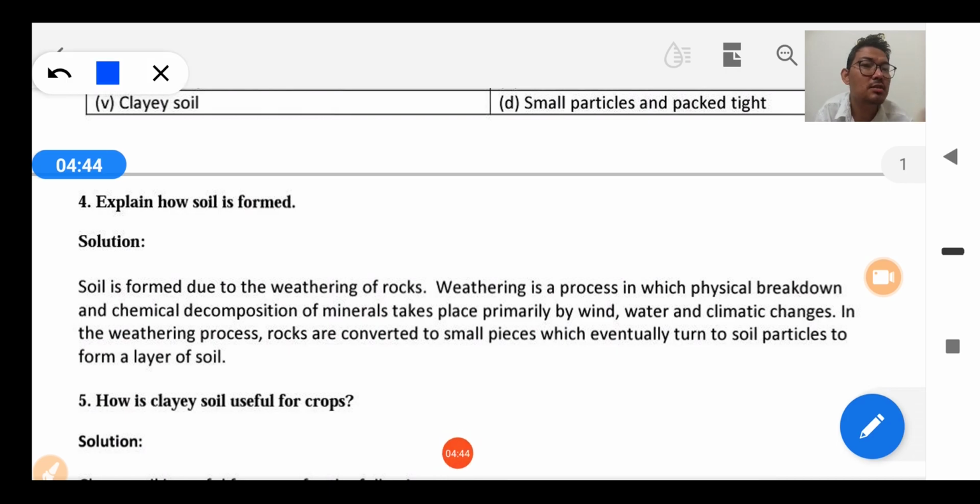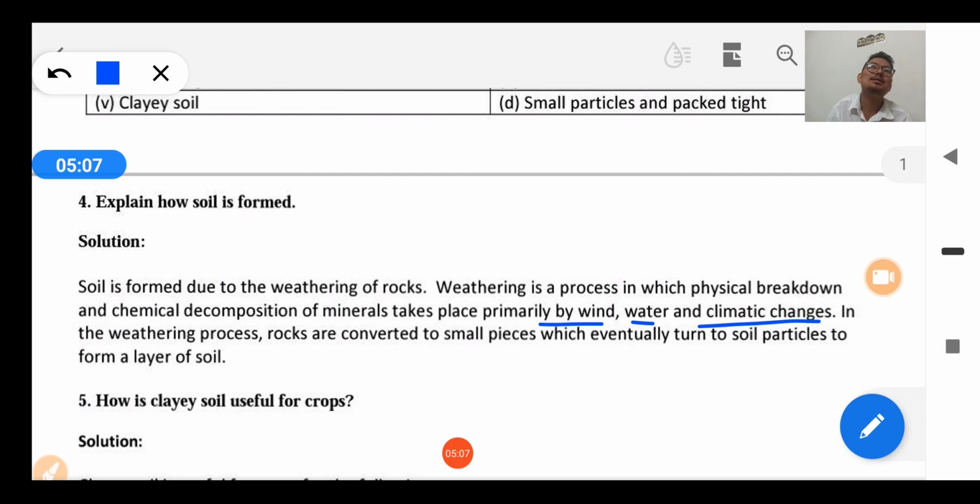By which agencies? By wind, by water, by climatic changes. When very fast wind blows, the rock particles can break into smaller ones. When heavy rainfall takes place, the rock particles break down into small pieces over the span of time.